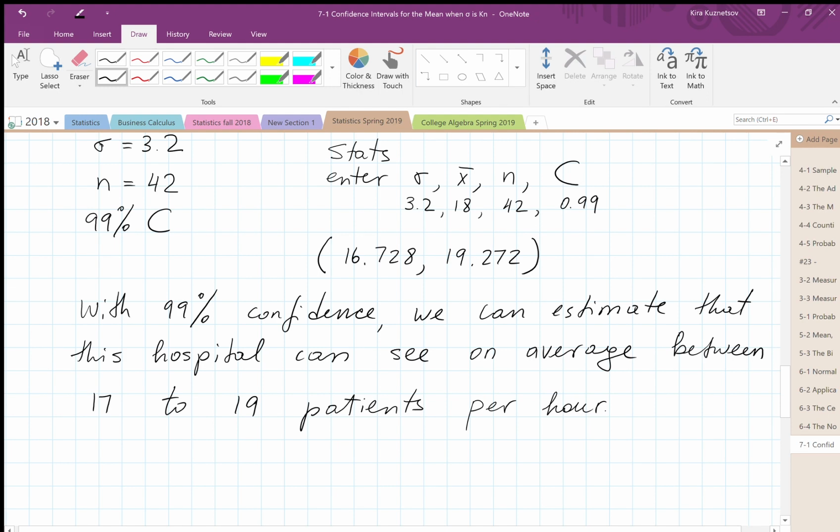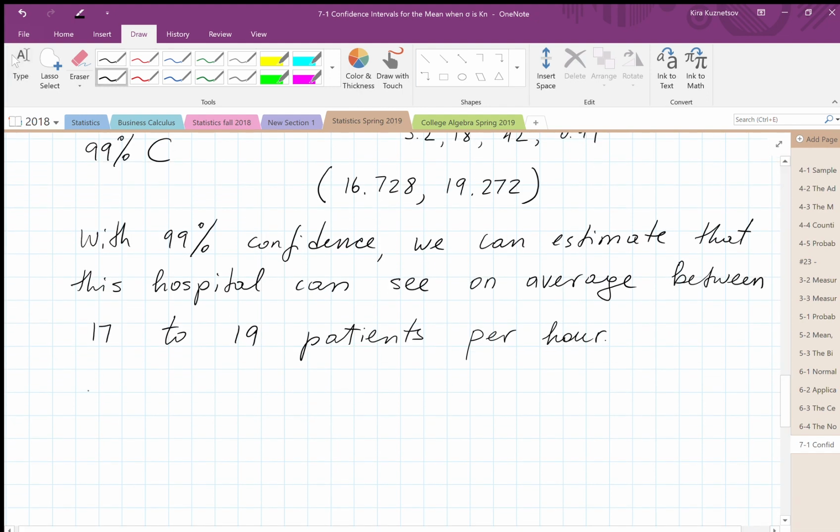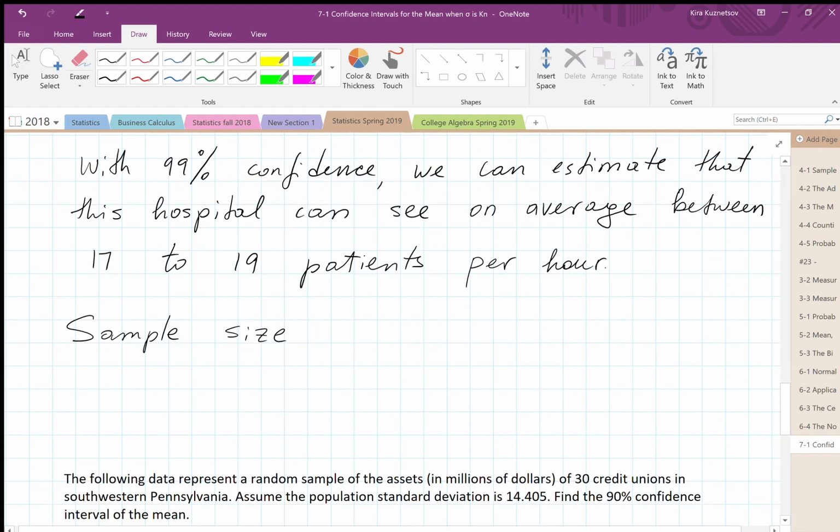All right. My next example requires a calculator because this one is on data. So I'm going to switch over to my last portion of 7-1, and this is called sample size. A sample size uses a formula.